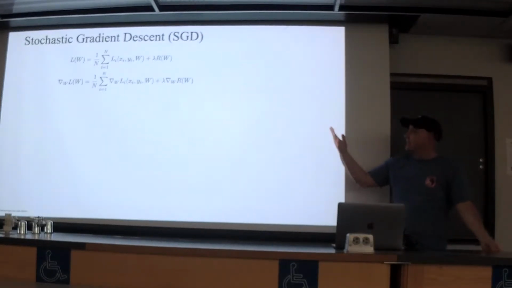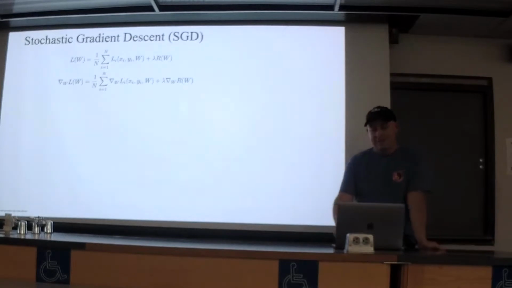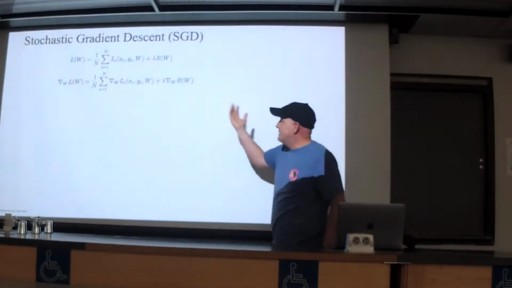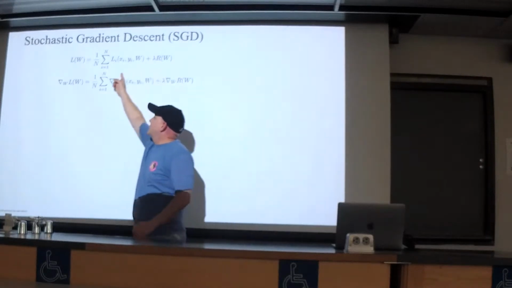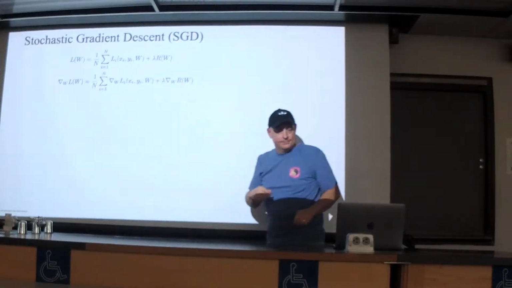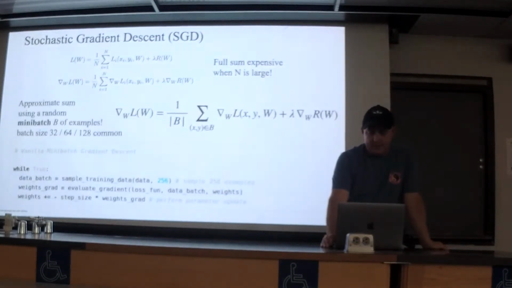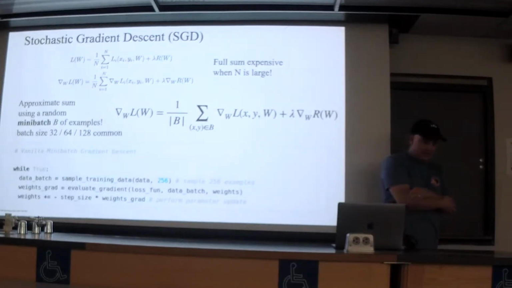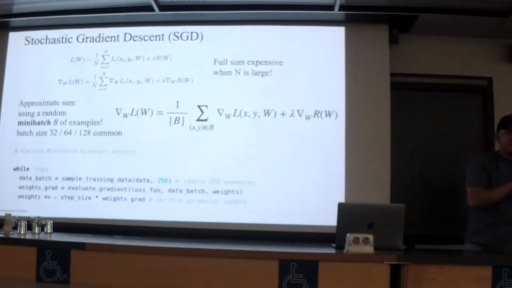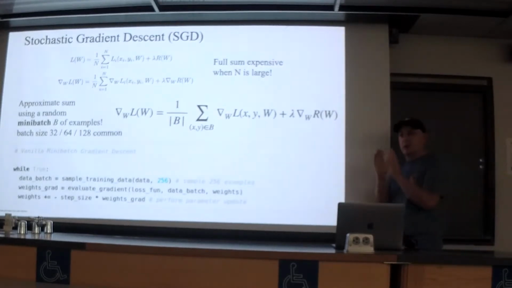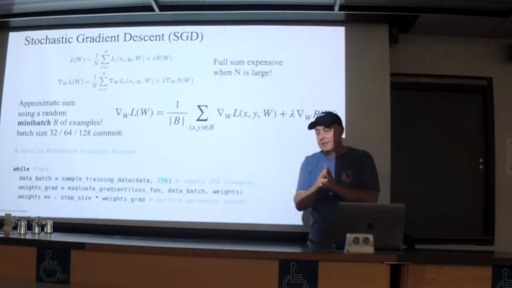Batches, yeah. The answer is right here on the board. So we do something that has become termed stochastic gradient descent. Given a data set, this is our loss. Yeah, very expensive. So what we want to do is approximate that loss, estimate it by something.